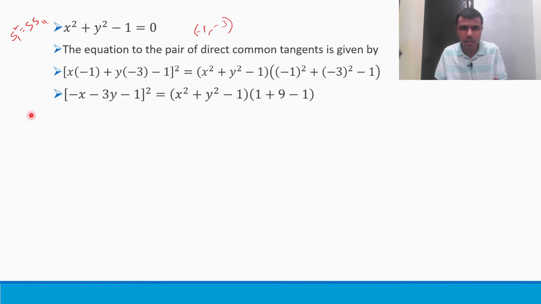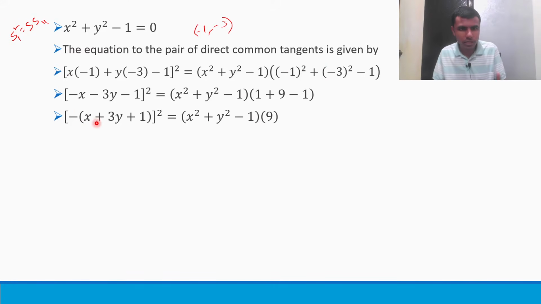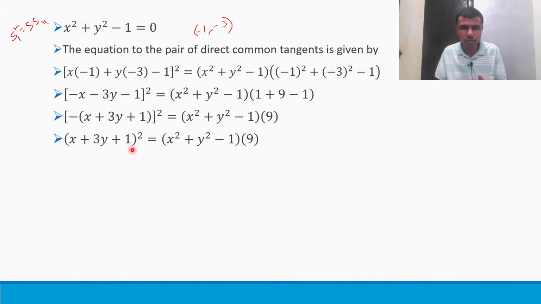Just simplification, guys. Take minus common: minus of (x plus 3y plus 1) whole square equals 9. Minus a whole square is nothing but a square, so I get (x plus 3y plus 1) square.